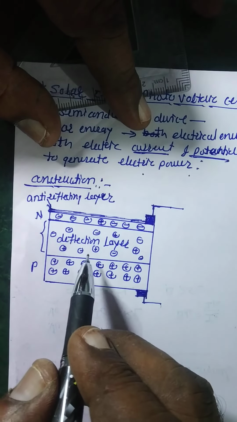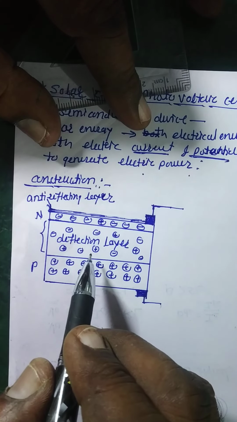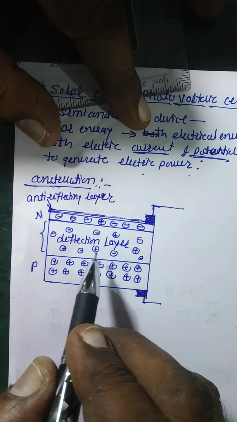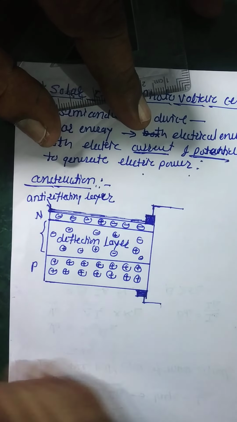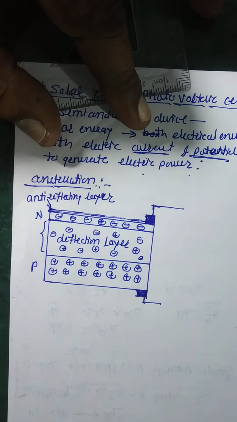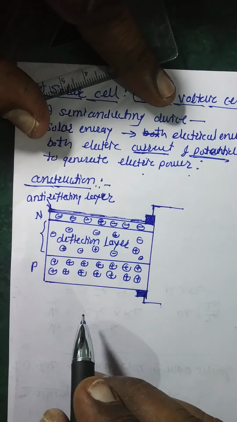The materials used for fabricating a solar cell must be photosensitive material. Okay, this is about construction.